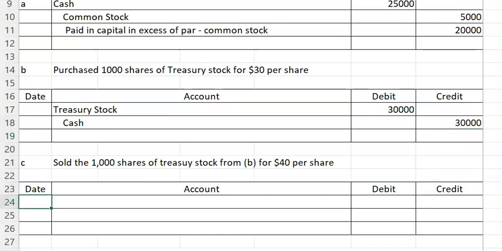In letter C, we sold the 1,000 shares from letter B for $40 per share. So what we know is that if we sold something, that means that we get cash. So we'll say 1,000 times $40 because that's how much we sold it for.